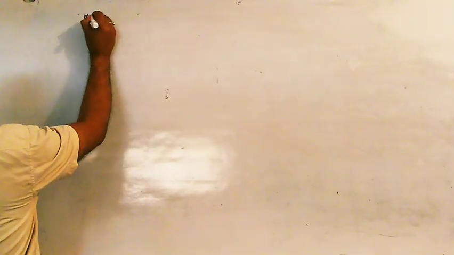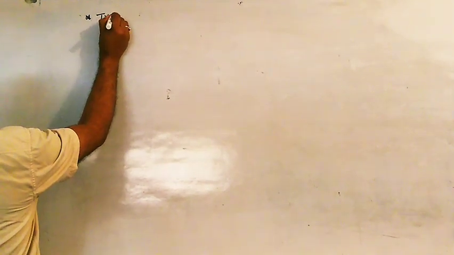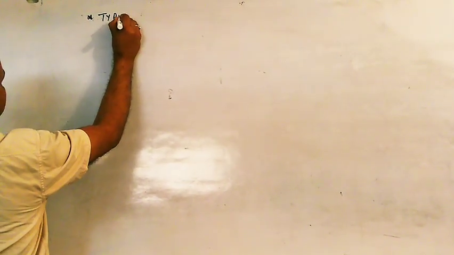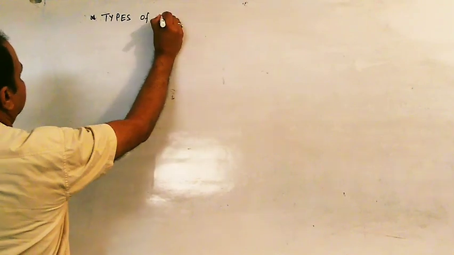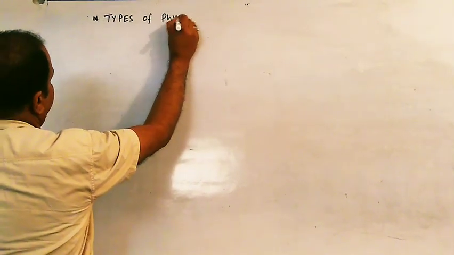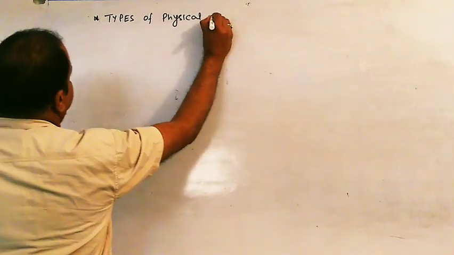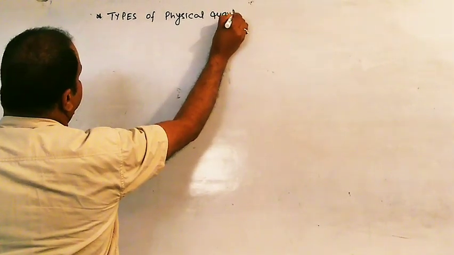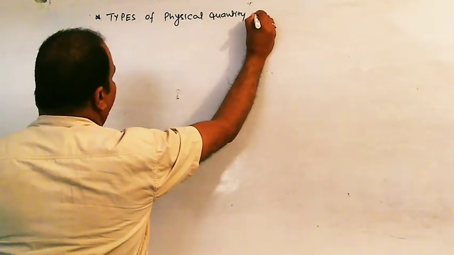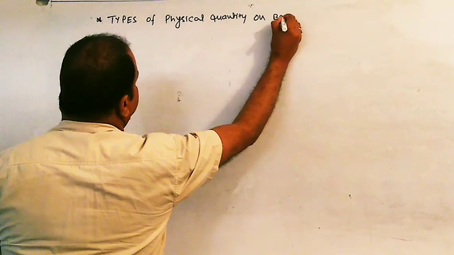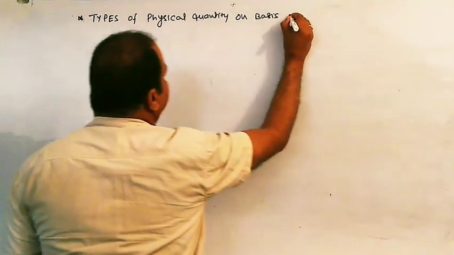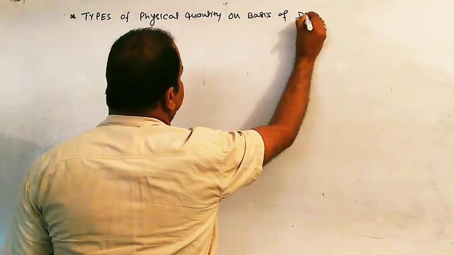First, types of physical quantity on basis of dimension.